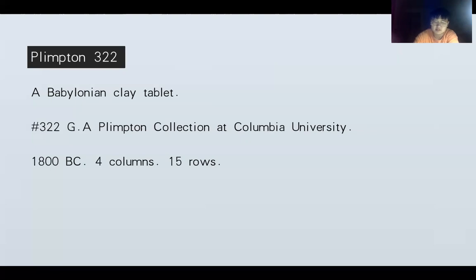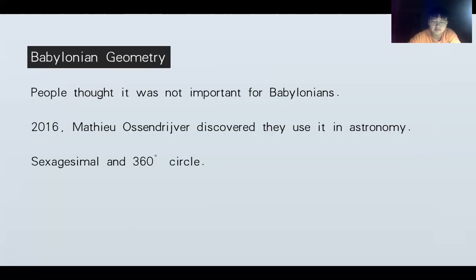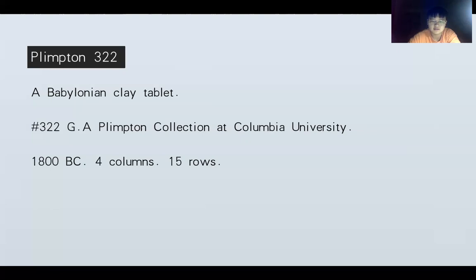That corresponds to what I said about Babylonian geometry. And if we look at this clay tablet, Plimpton 322, we can find that there are 4 columns and 15 rows. That's what it has. That's it.